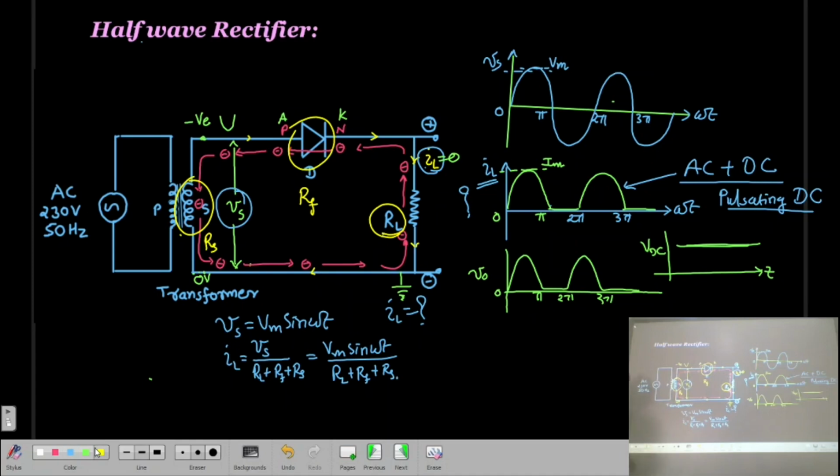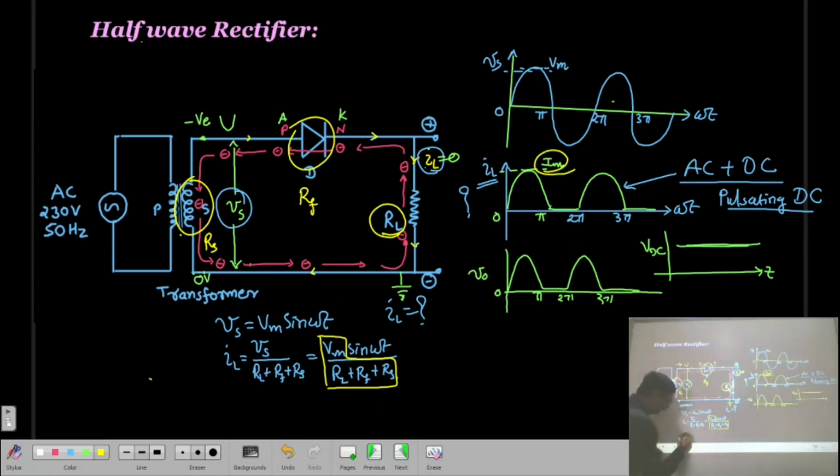And here, now you can see this is the maximum voltage divided by the total resistance, and that is representing a maximum current. So, whatever the maximum current I have mentioned, Im.